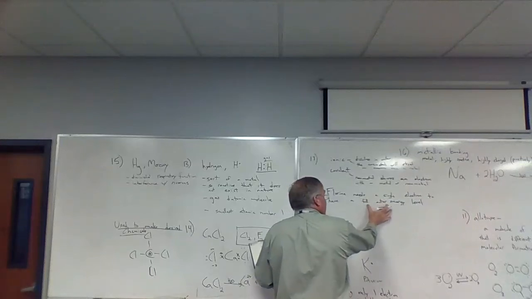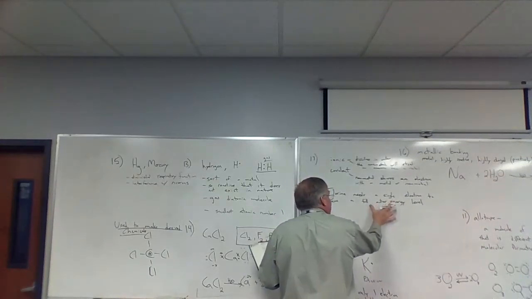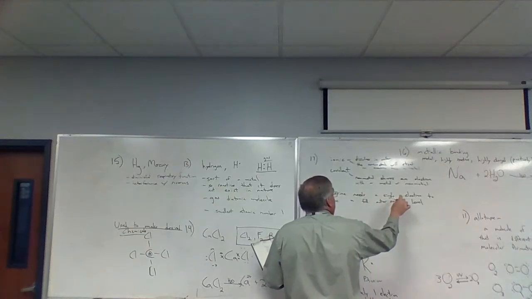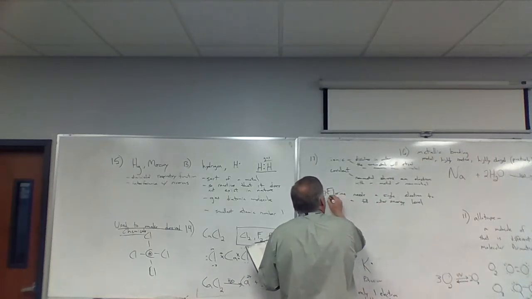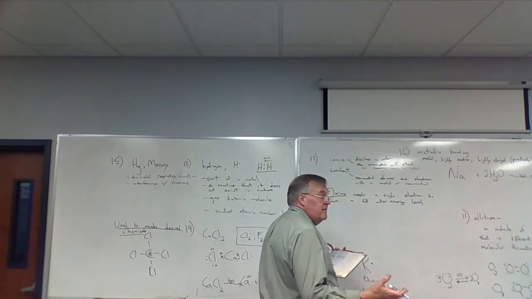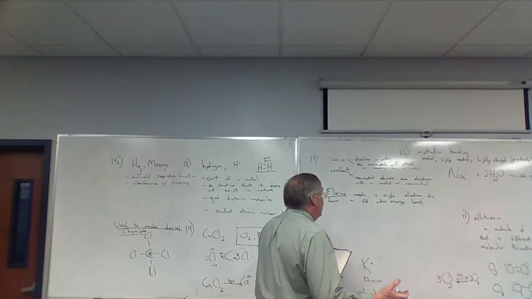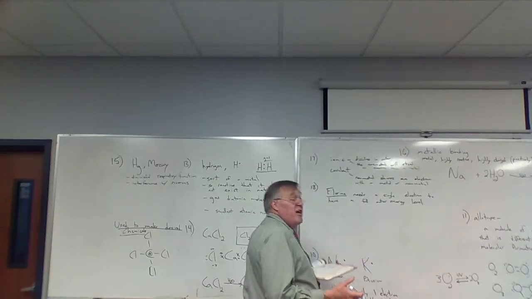Having a full outer energy level of electrons is far more stable than having one less electron in the outer energy level. Okay? Mathematically speaking, when fluorine gets an electron from another element, its neighbor, it is much in a de-energized state.